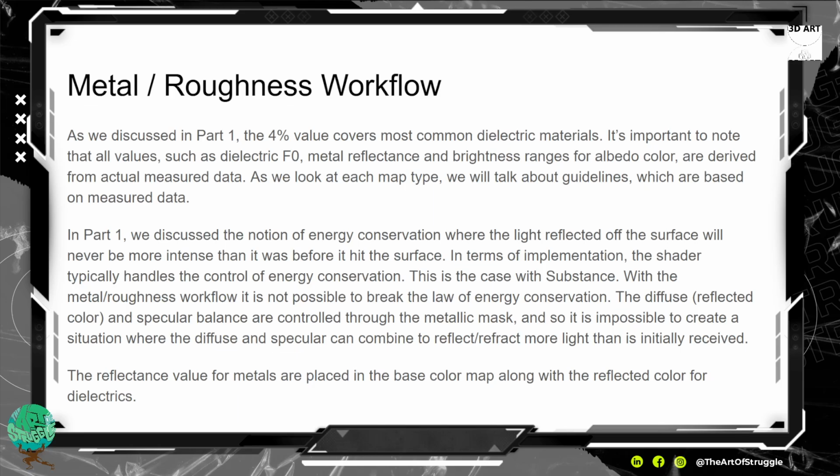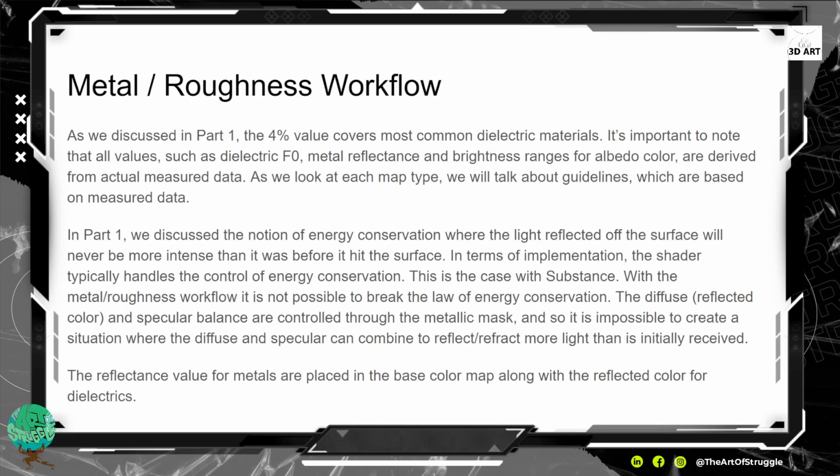So in terms of implementation, the shader typically handles the control of energy conservation. This is the case with Substance. With the metal roughness workflow, it is not possible to break the law of energy conservation. The diffuse reflected color and specular balance are controlled through the metallic mask.